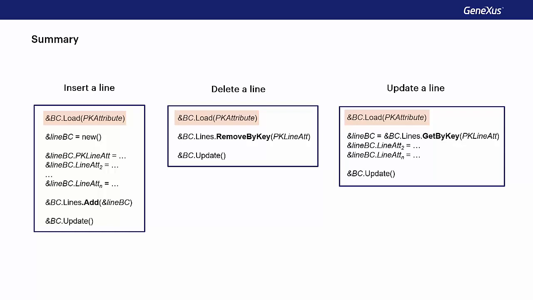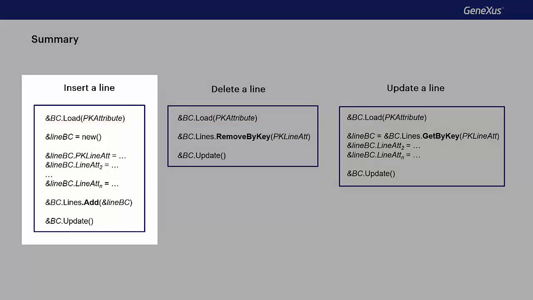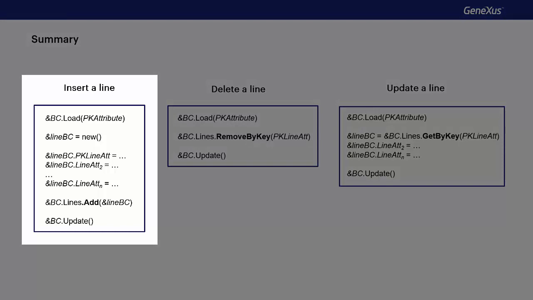For inserting a line, a variable of the business component type of the lines is created. New memory space is reserved. A value is assigned to all the elements of the line corresponding to attributes of the table to which we want to give a value. Those not assigned will be null or empty. And then the line is added to the collection of lines.